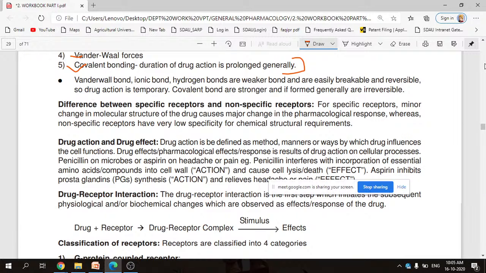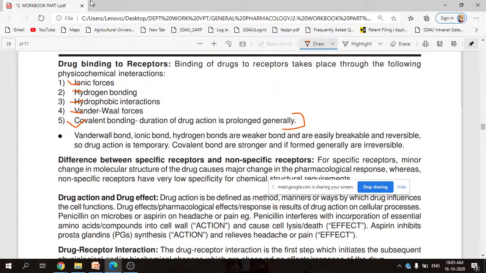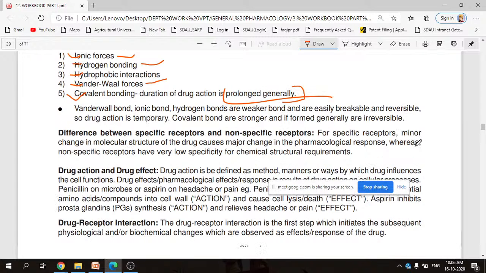So if the drug binds with the receptor with ionic force, hydrogen bonding or van der Waals force, the interaction is weak and reversible in nature. The drug action is temporary, for a short duration of time. But in the case of the covalent bond, the binding between the drug and receptor is stronger, so the action is of longer duration and it is irreversible also.